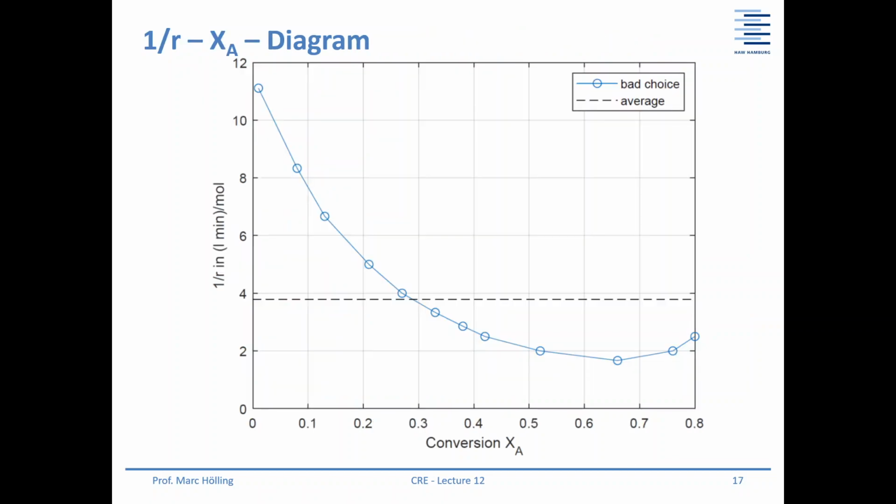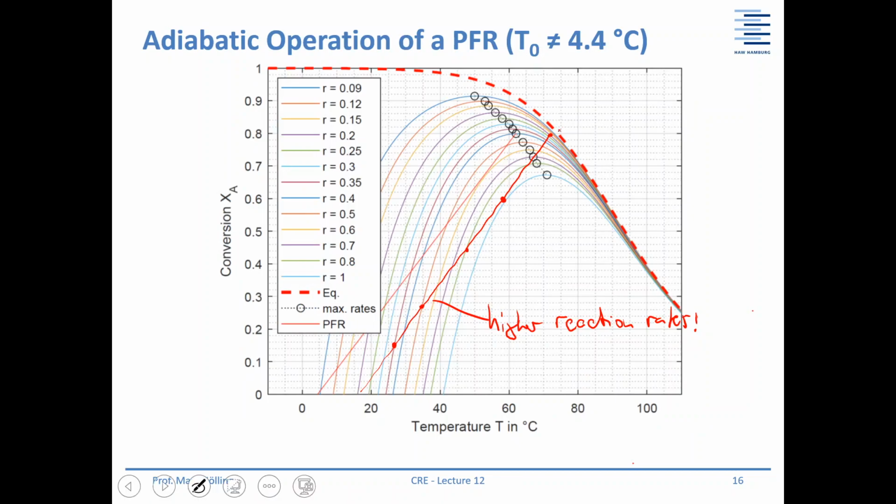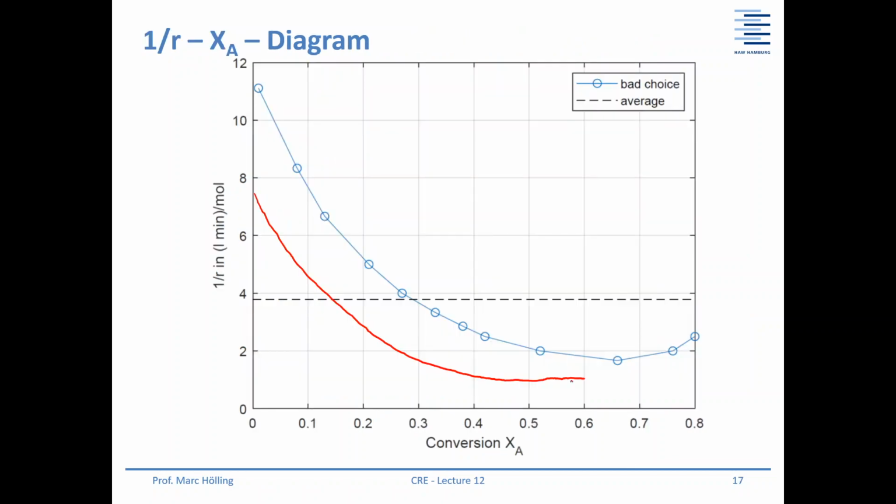So if we have a look at this graph here, then if you enter with a higher inlet temperature, then you would have lower values here. So I don't know the exact values, but it should look like this. So you are much lower here, and then just at the end here you are going to really low values. So here you have a reaction rate of, let's say, 0.2 or even lower, and this means you have a very steep increase at the end of it.